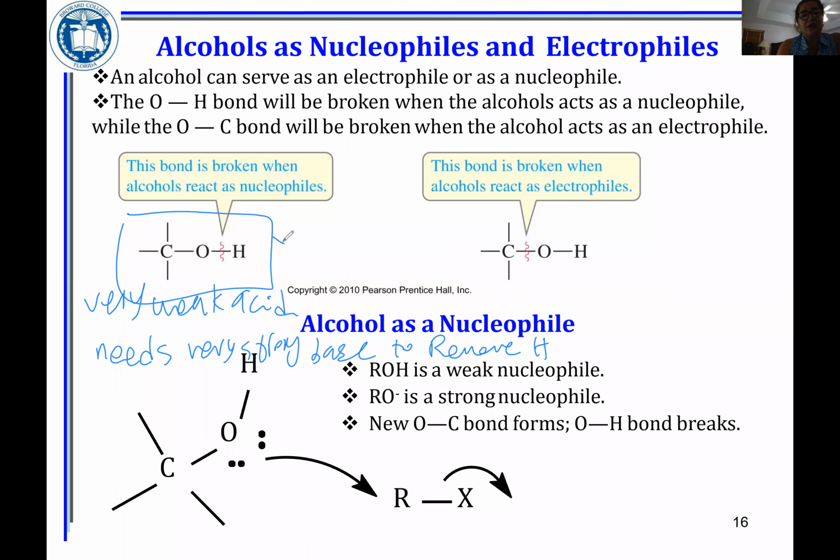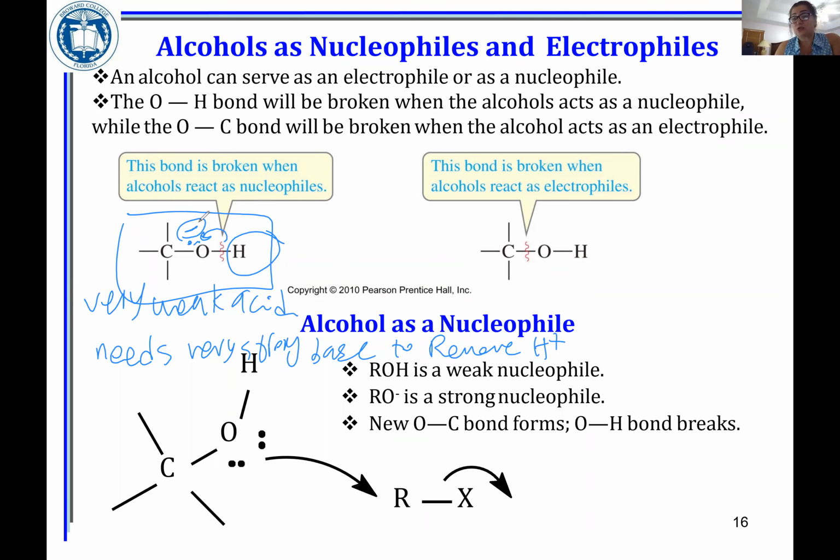If you remove this hydrogen, you are removing an H plus, right? What's going to happen to these electrons? Electrons are going to go to the oxygen, and this oxygen is going to change to a negatively charged ion. We call that alkoxide. So alcohol has lost the hydrogen and has changed to alkoxide.